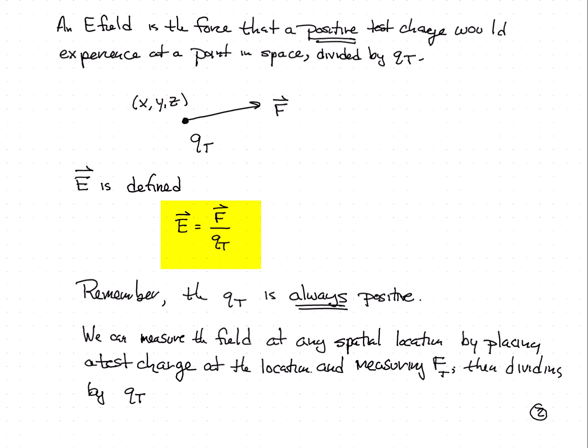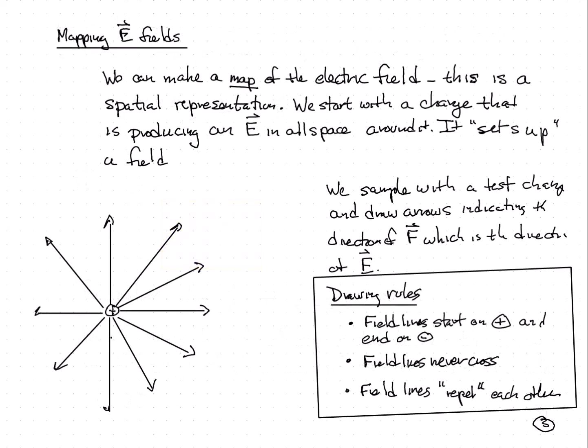Okay, so one of the things that we can do is we can make a map of a field. So a map of a field is just a sort of spatial or pictorial representation of what the field looks like. We think about what would happen if we put a positive test charge all around all kinds of places in space. So the common place to start is with a positive single point charge. So on the left, you see a positive charge.